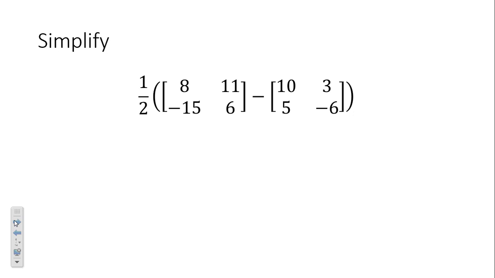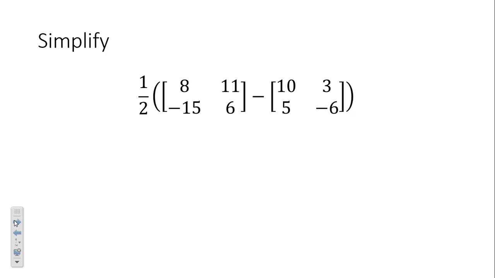Based on those properties, we could distribute the 1/2 to every single element in both of those matrices, or we can do the subtraction first and then do scalar multiplication. I'd recommend doing the subtraction first, especially since they're not all even, and you'll have to deal with a lot of fractions if you don't.